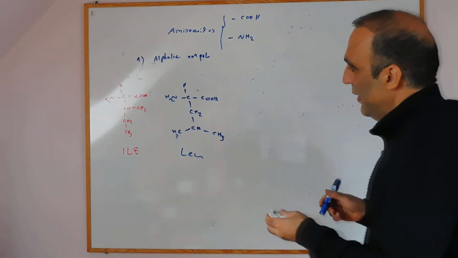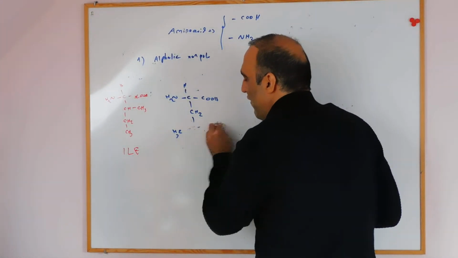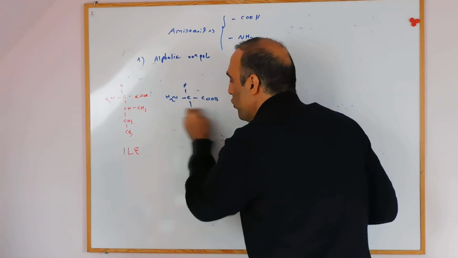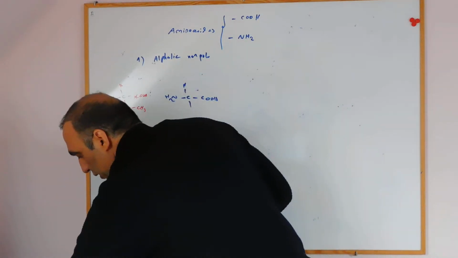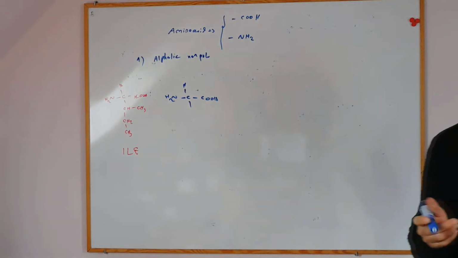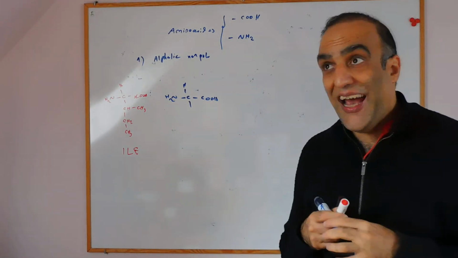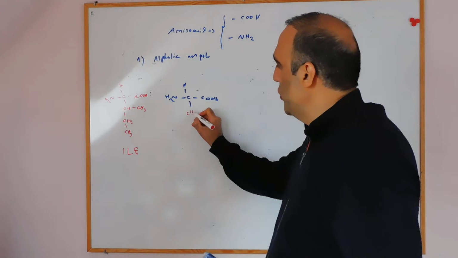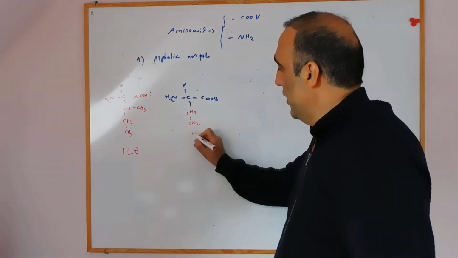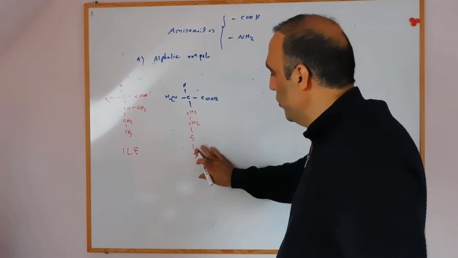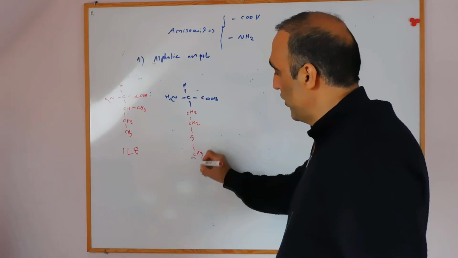As you see here, if we have a sulfur group between two carbons, for example a CH2, and we have an SCH2, as you see here, CH3.